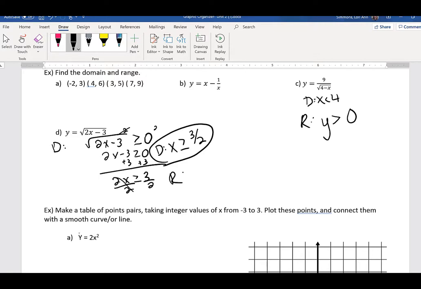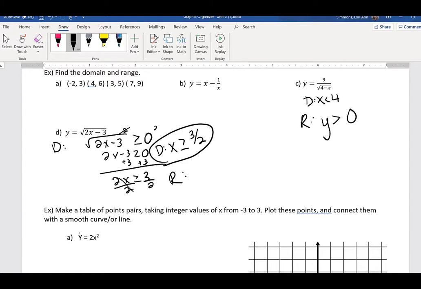So let's do the range the same way as we kind of thought about it in C. So can you have a negative? Whatever you put in for x, as long as it's greater than or equal to 3/2, could a negative come out of it? No, it's going to be a square root of 0 or a positive number. So this will not be negative. Can y equal 0?